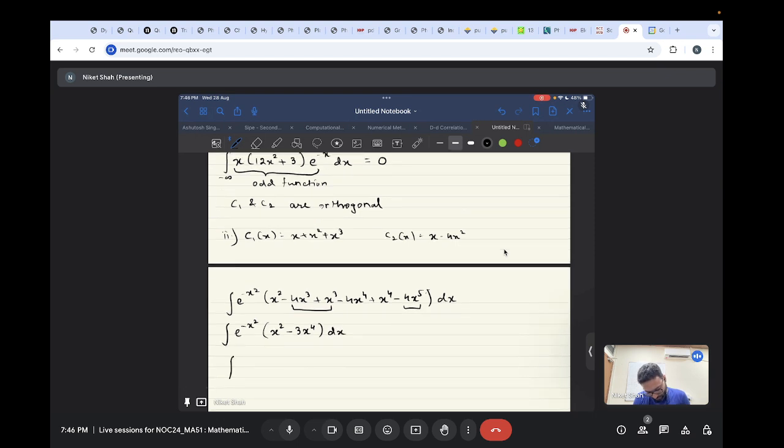So what we need is the integral of x square e power minus x square dx from minus infinity to infinity, minus 3 times the integral of x power 4 e raised to power minus x square dx.